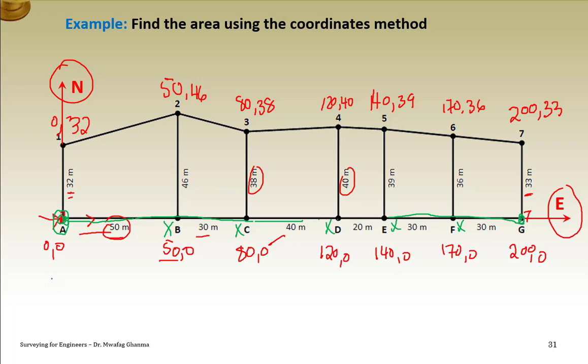So we will take A, which is 0 and 0. And then we will take G, which is 200 and 0. Then point 7, of course, we have to take. Point 7 is 233.